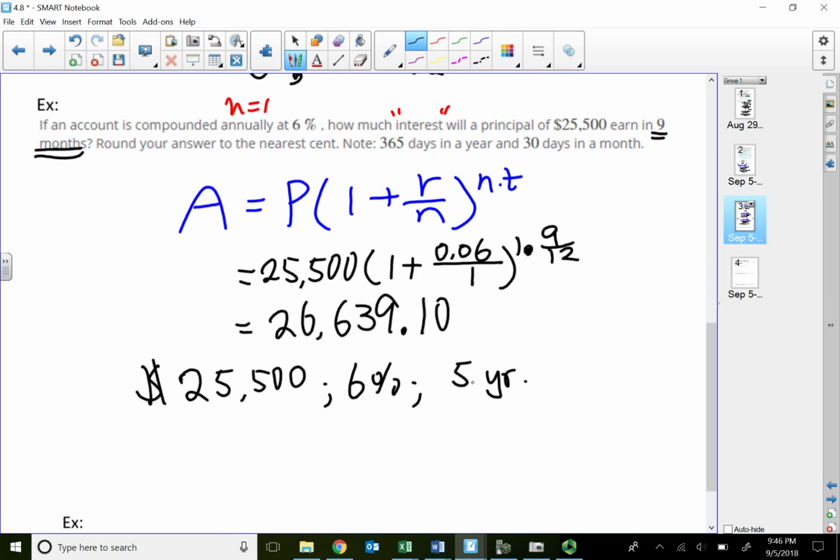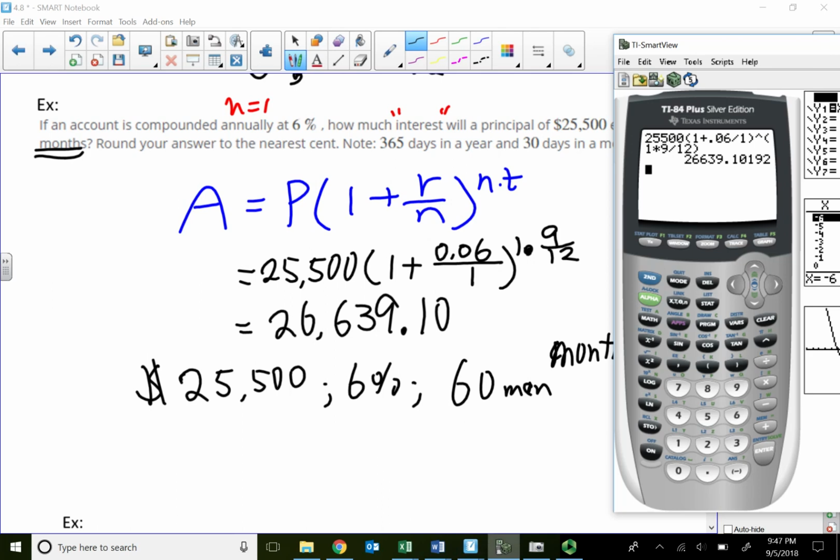5 years is 60 months, right? So let's do 60 months. This problem I'm going to do compounded monthly, the same scenario as if somebody buys a car, because you make payments monthly. So I'm just going to type this in: 25,500 for a new car.